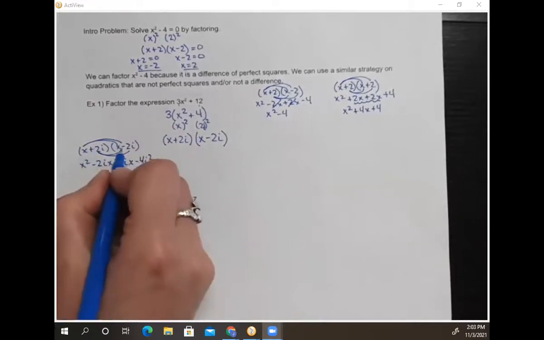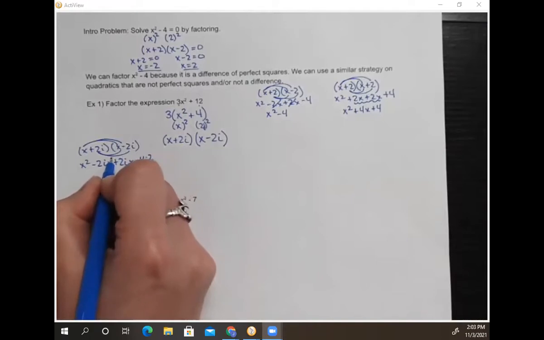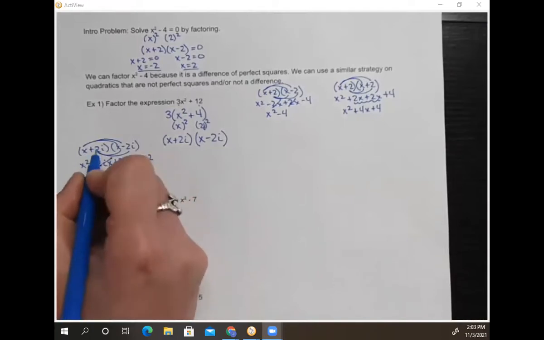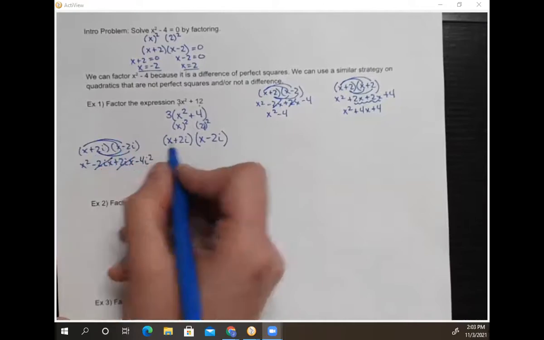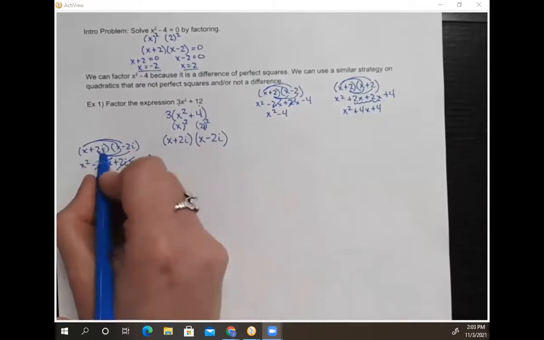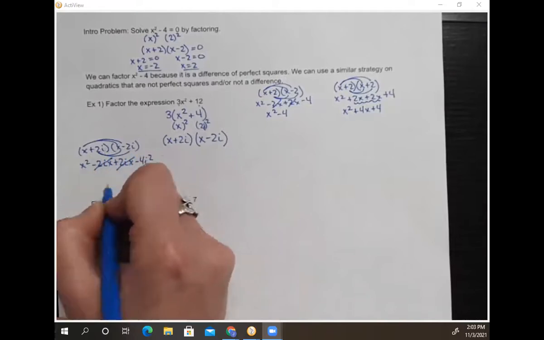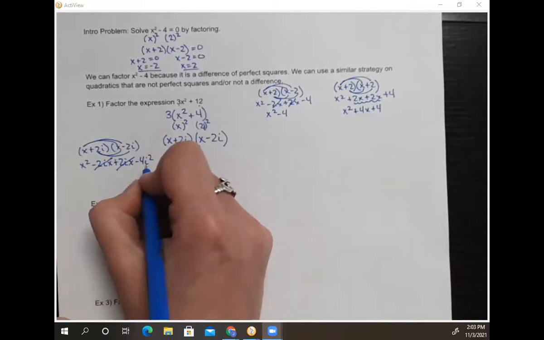Because I have opposite signs in my factors, my ix terms, -2ix and +2ix, will cancel out. So I have to have those opposite signs in my factors to get the x terms to cancel out. But if I use opposite signs, that means I would get -4. Now, because I used 2i instead of just 2, I get -4i squared.